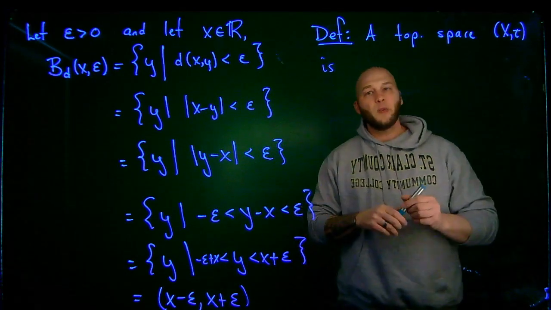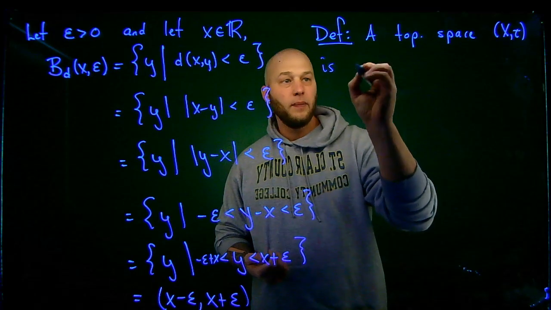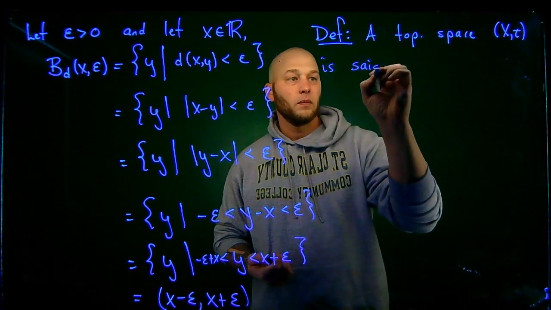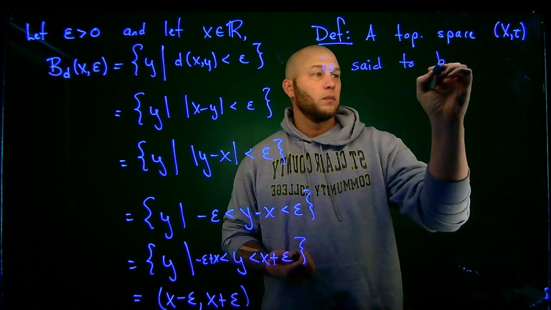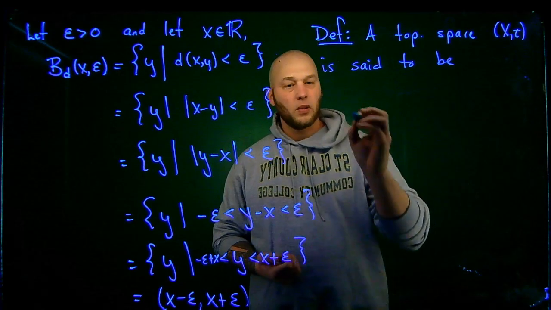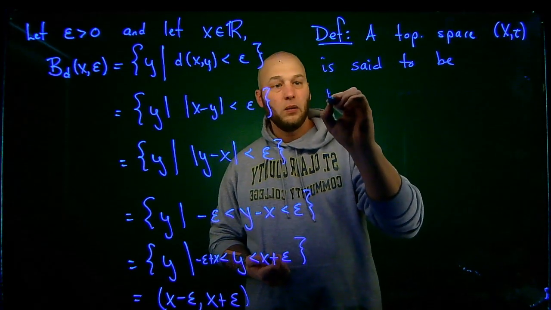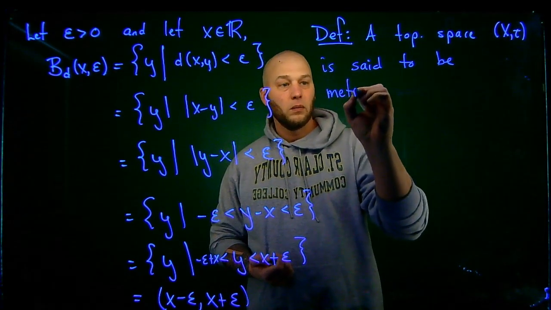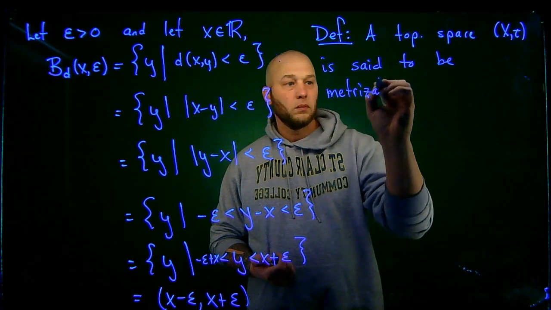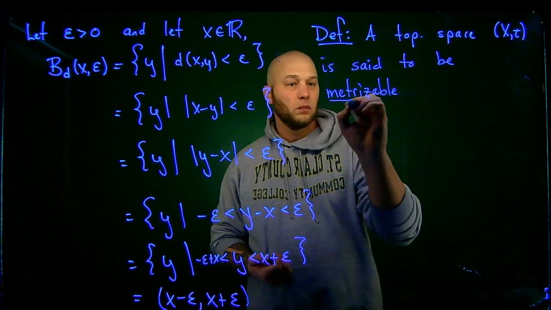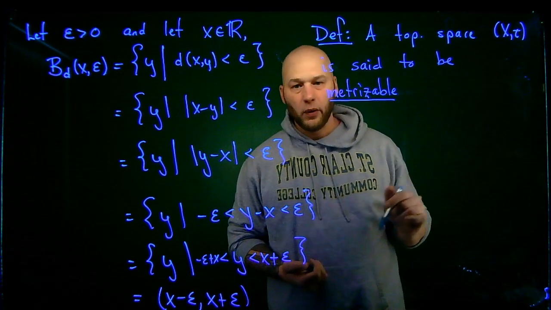So a topological space (X, tau) is said to be, no, the word's not going to fit in there, so I'm going to start it down here, metrizable. Oh, yeah, that would have fit. Whatever.